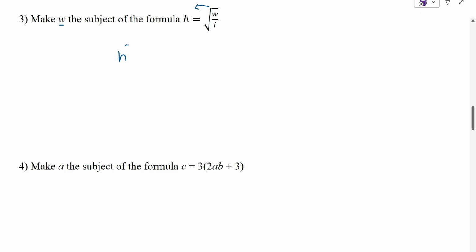That would give us h squared equals w over I. Now we want just w on its own, so we need to get rid of this I. We're dividing on this side, so if we take it over, we're going to multiply. h squared I gives us w.